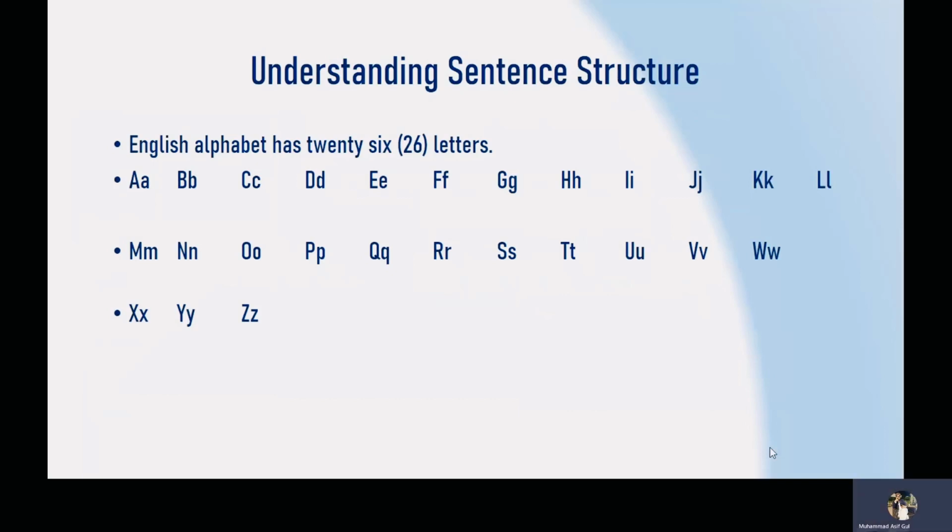We know already that English alphabet has 26 letters in it. A, B, C, D up to X, Y, Z. We have 26 letters in English alphabet.